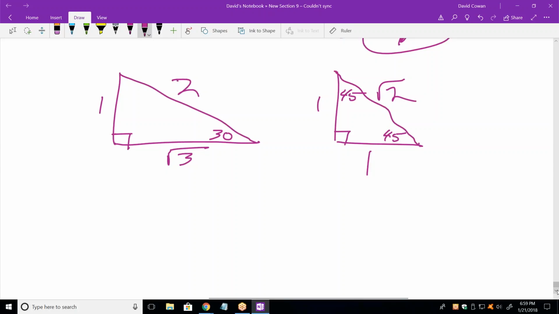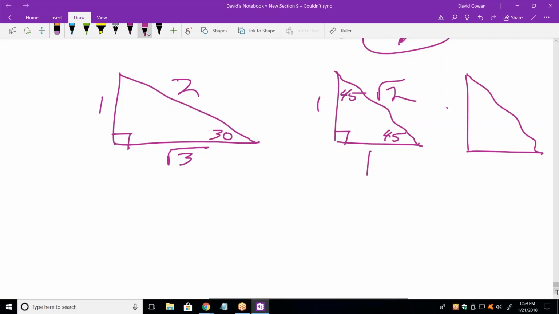Notice, sine of 30 is 1/2. Cosine of 30, square root of 3 over 2. Tangent of 45 is 1. Sine of 45 is 1 over root 2. Now, sometimes the second one, they will teach it a little differently.